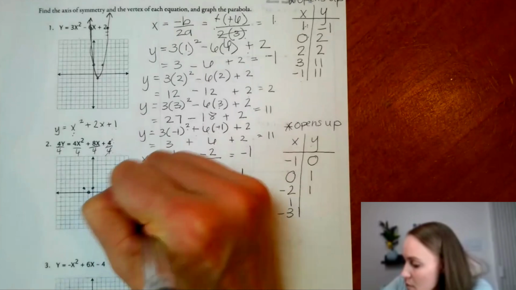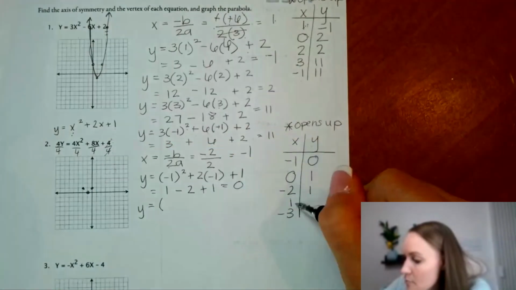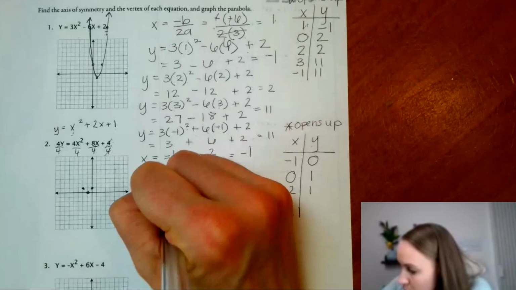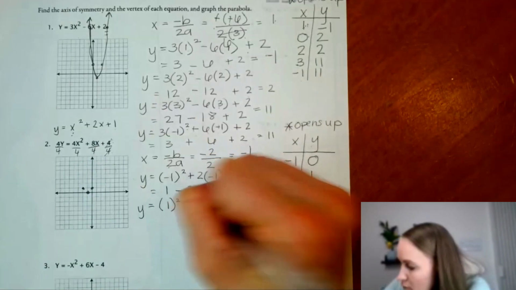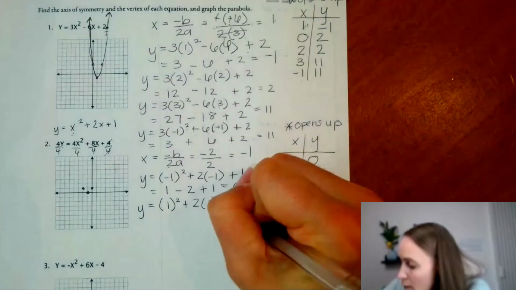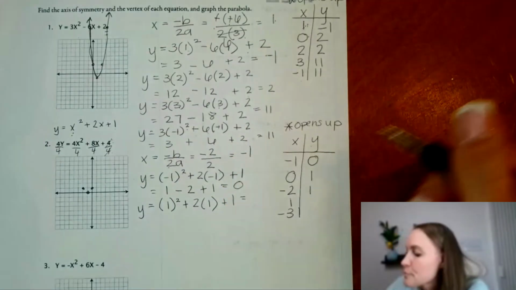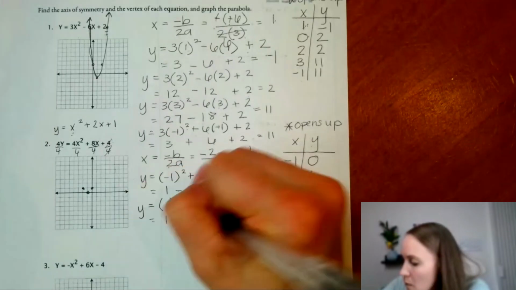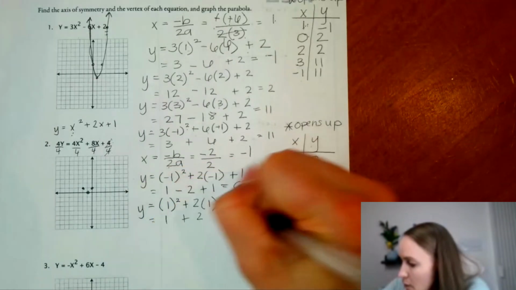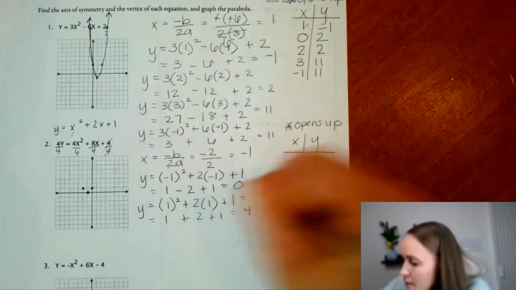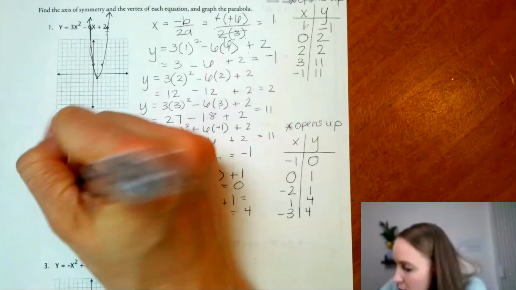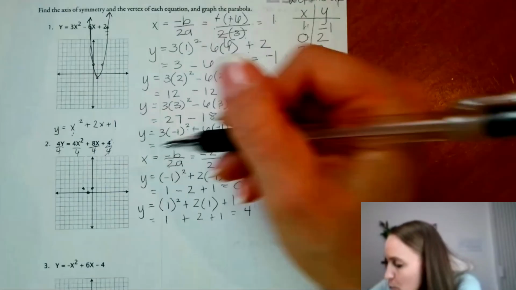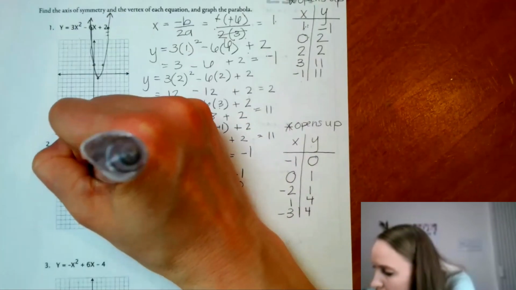So y equals, I'm going to stick in my +1 value squared plus 2 times +1 plus 1. And what do I get? I get 1 plus 2 plus 1. Well, that's a nice number. That's 4. So I can automatically write down 4 for my -3. You're welcome to do the math as well, but you can also just recognize the pattern and write it down.